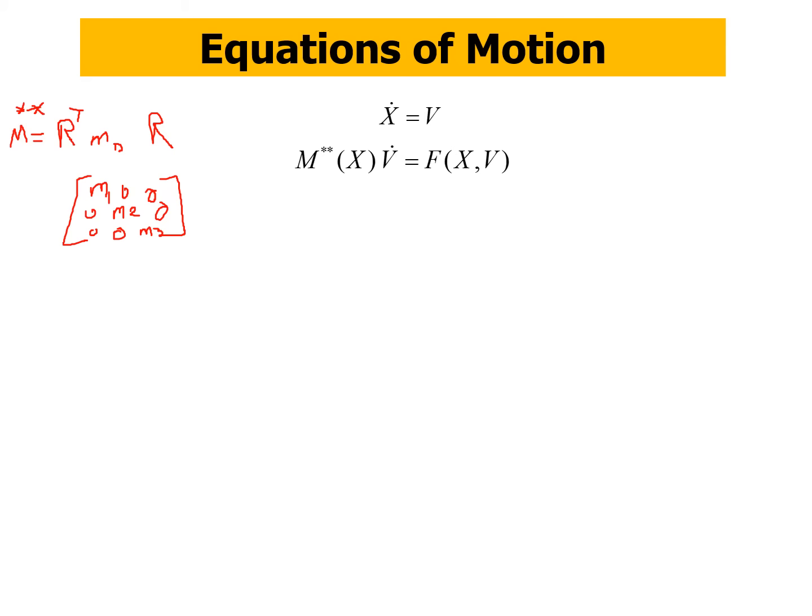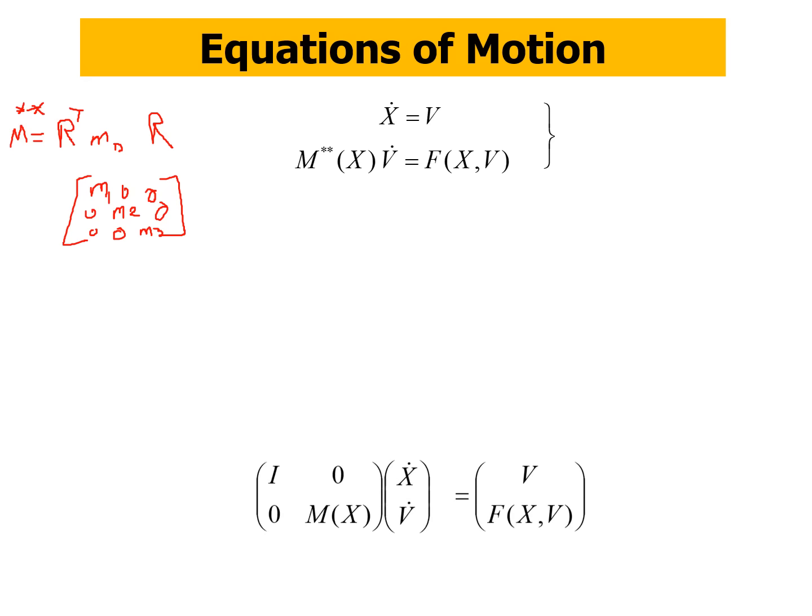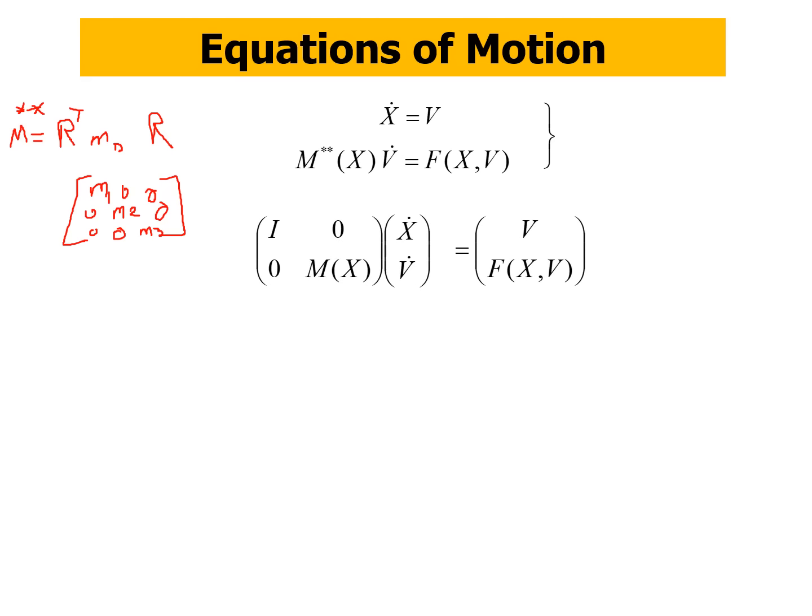Okay, so if you have this set, and X dot equals velocity, the derivative of position is velocity. Remember, this is constructing the equations of motion. I don't want to write each equation separately, but I can build a matrix and have all of them together. So you can generalize the formation of this as A X equals B. A is a matrix, X is an unknown, equals B. And if you remember your linear algebra, we can solve this system.